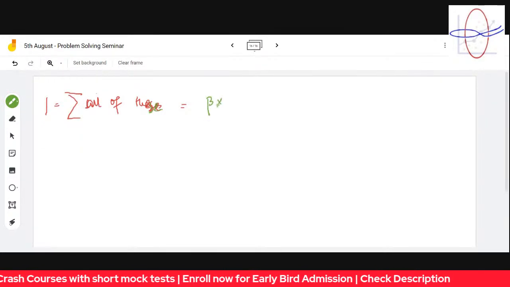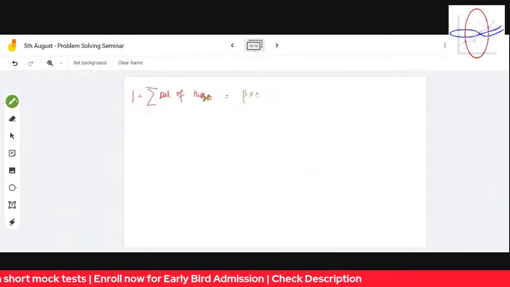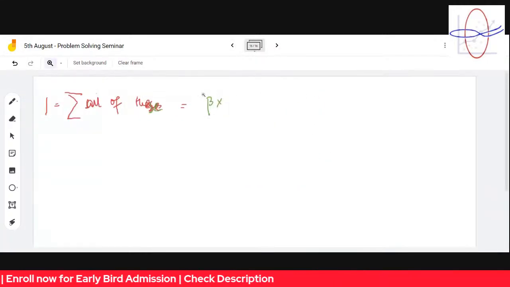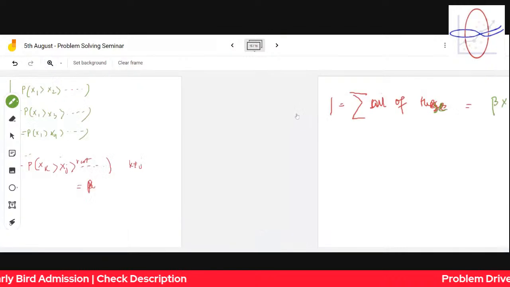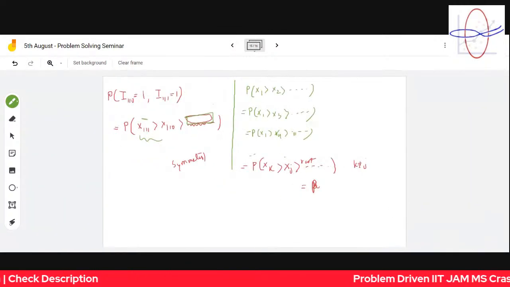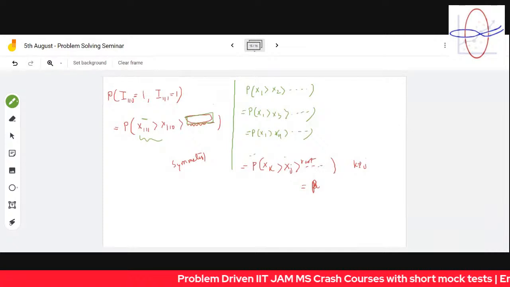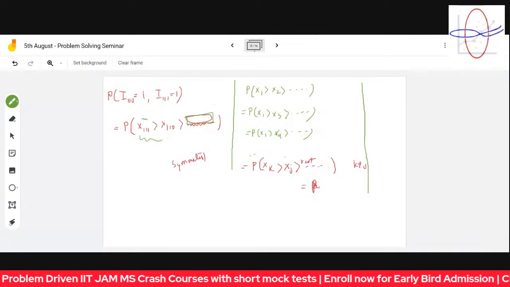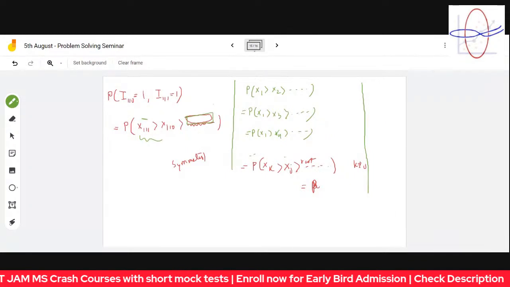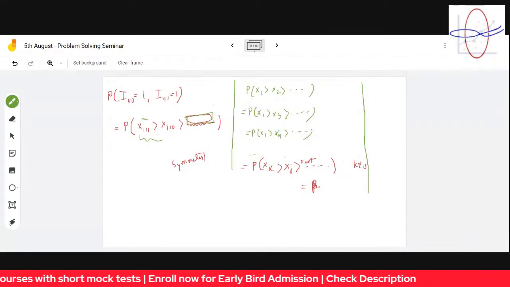Beta into what? What was the variable there? How many such cases are there? Bolo, very quickly. K? Why K?